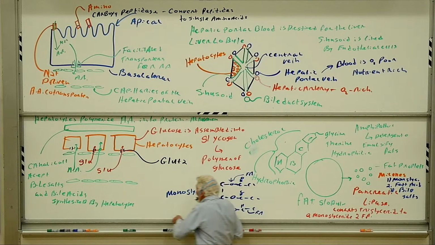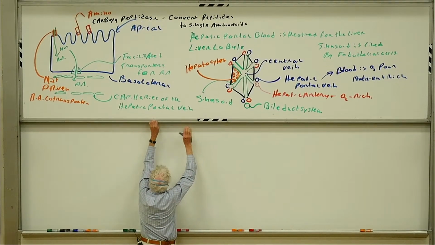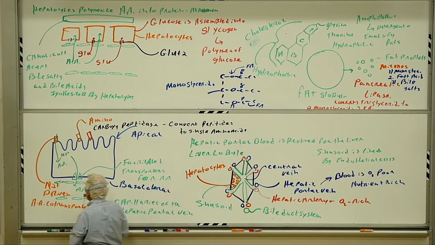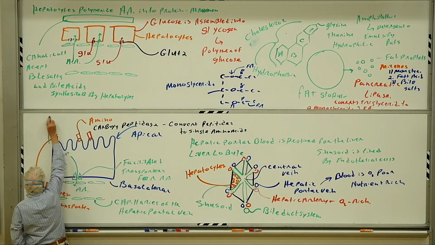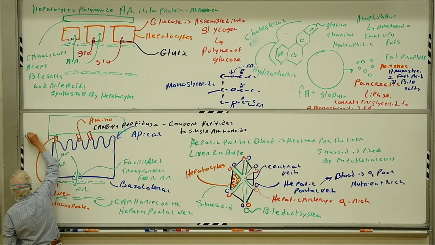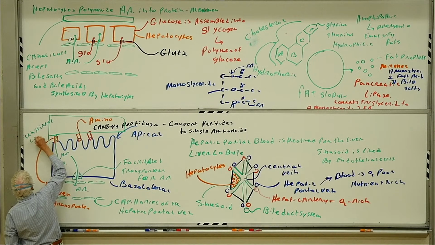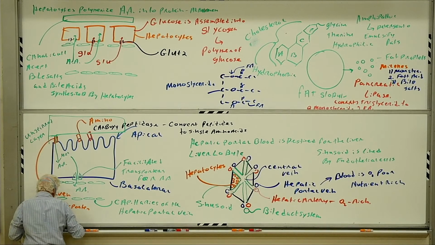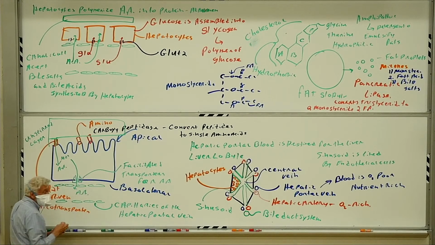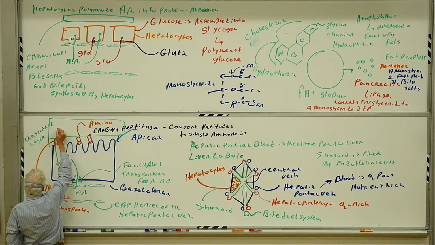But we can come back to this upper panel. And again, I'll remind you that out here on the apical surface, out here is the so-called unstirred layer. And the micelles can now, after they've been formed in the bulk phase, the micelles come into the unstirred layer.